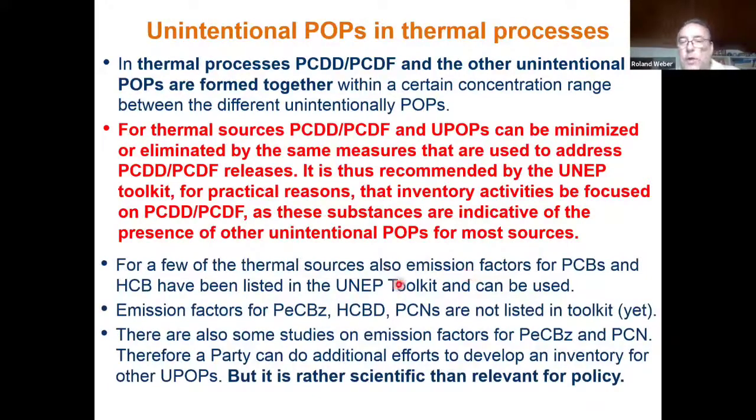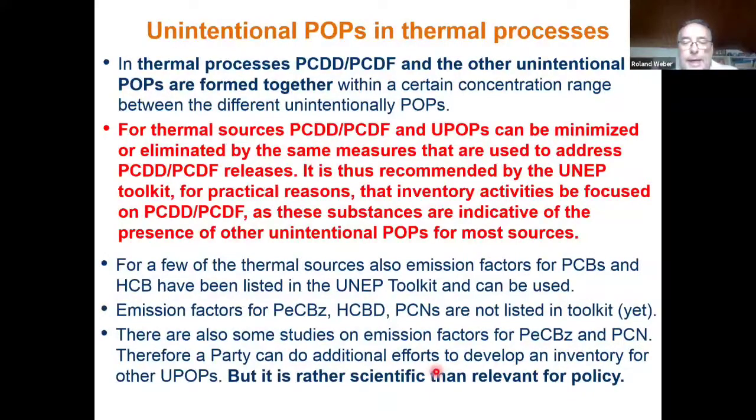For a few thermal sources, there are also emission factors of PCBs and hexachlorobenzene in the UNEP Toolkit. Emission factors of pentachlorobenzene, hexachlorobutadiene, and PCNs are not listed in the toolkit. But there are also some studies on emission factors of pentachlorobenzene and pentachloronaphthalenes.